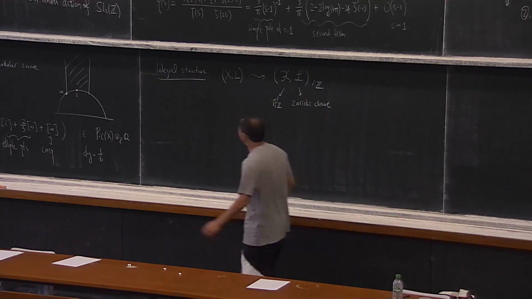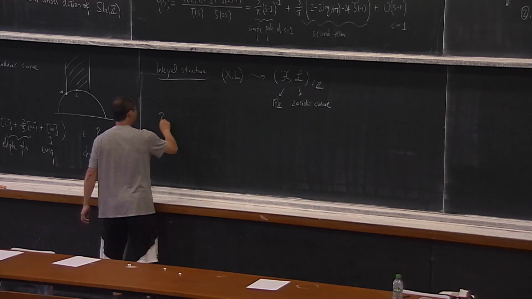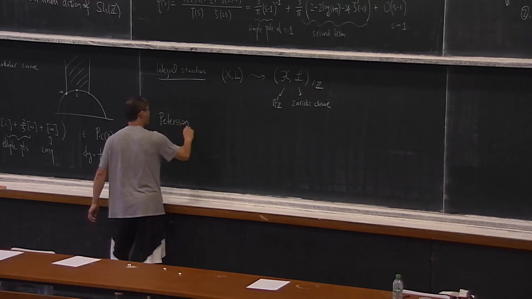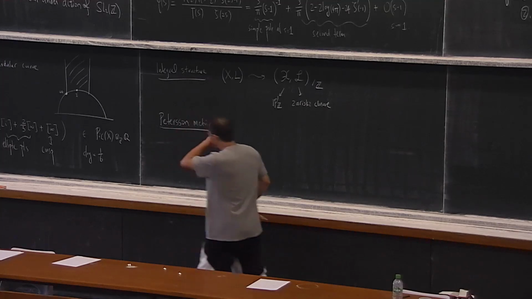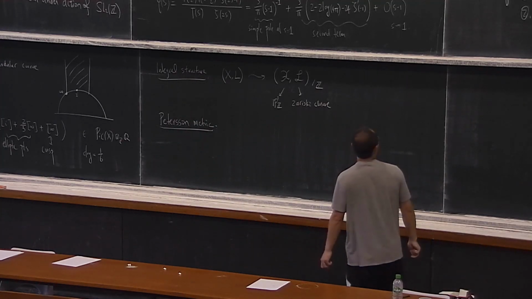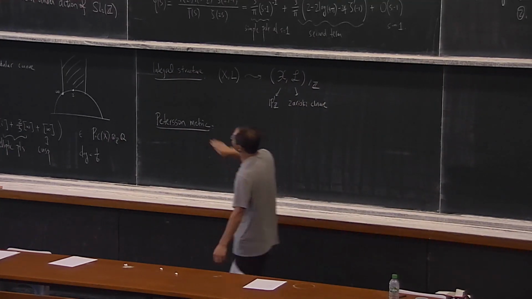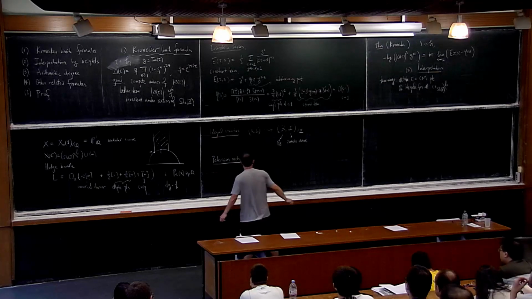Now we can also put a metric. This is the Petersson metric. So the metric is actually that one, Delta(tau) y to the 6.